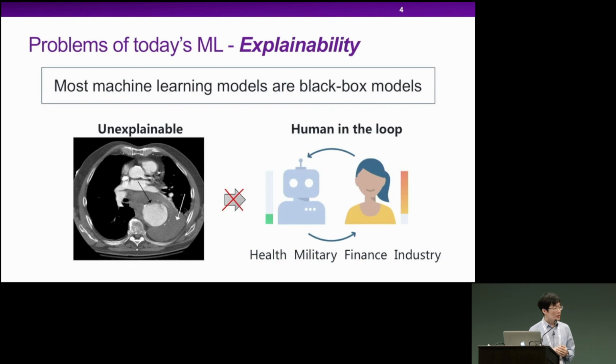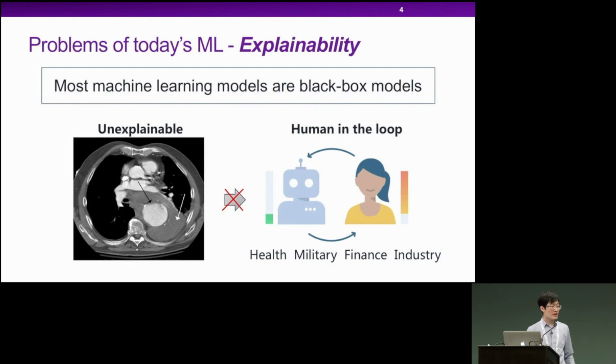So when the algorithm tells us there is a disease in this medical image, you just can choose to believe or not believe. If you want to ask why there is a disease here, the algorithm cannot tell you. Then what's the problem?